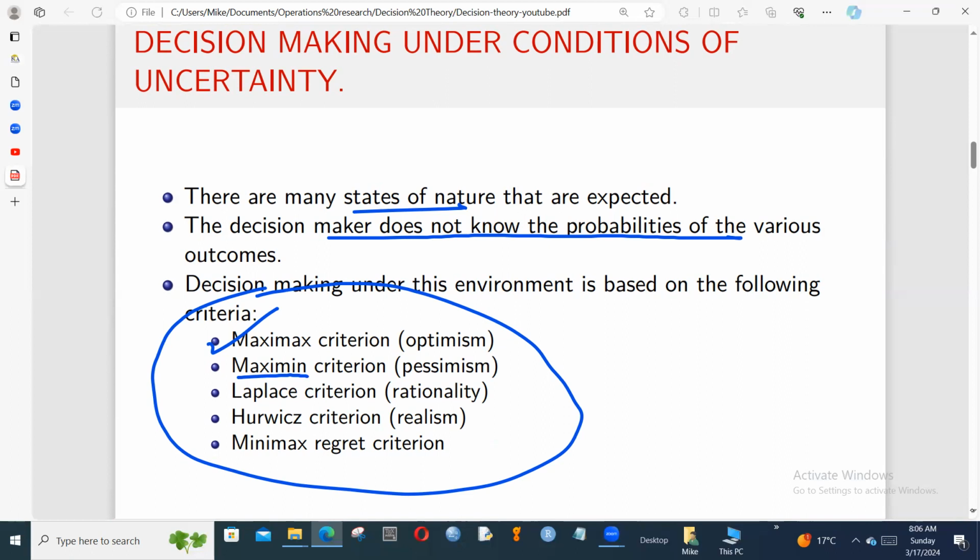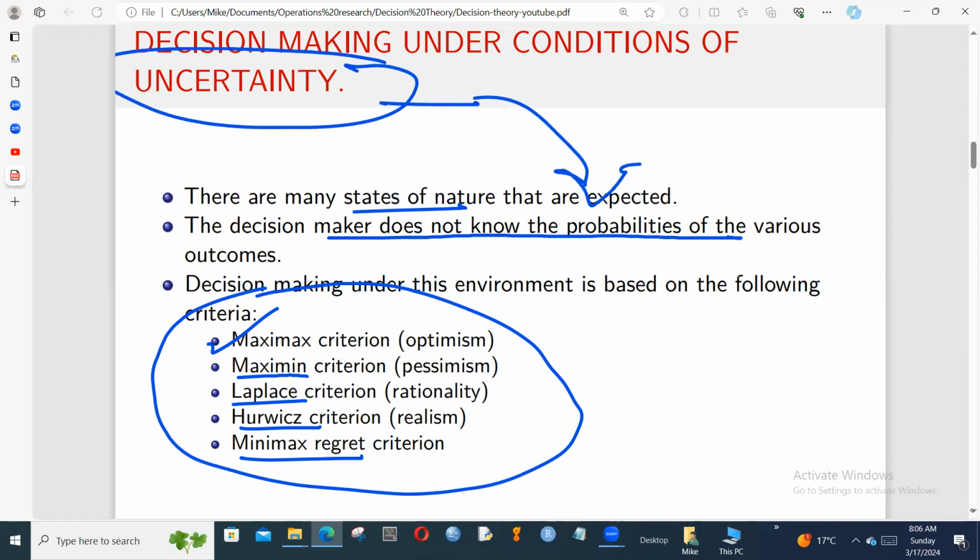There is the Maximin, there is the Laplace, there is the Hurwicz, and there is the Minimax regret criterion. So these are the commonly practiced criteria for helping in making decisions under conditions of uncertainty. And uncertainty here means the probabilities of the various states of nature or various outcomes are unknown.